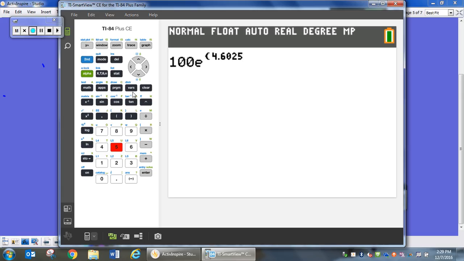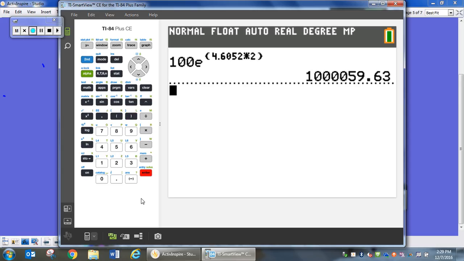Oh, drats. 0.46052, my bad, times 2. Close parentheses, enter. That is not the answer I got when I did my answer key, but I massively did my answer key wrong. So, let's double check our numbers.